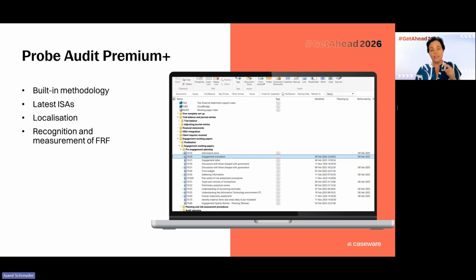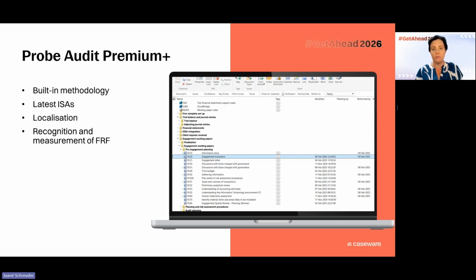So firstly, both of these run on Caseware. That's also why we said that it is important that you understand how to use Caseware working papers. Probe Audit Premium Plus has a built-in methodology, so the firm can't actually change that much. You're using the methodology that's built into Probe Audit Premium Plus. It has the latest auditing standards.